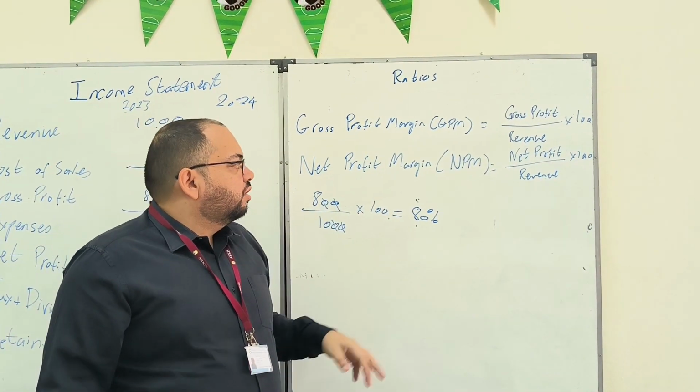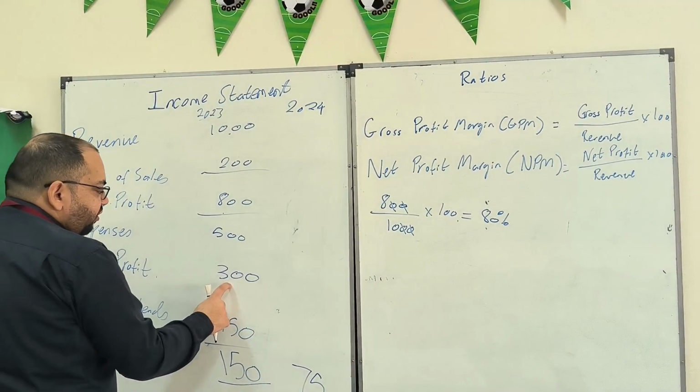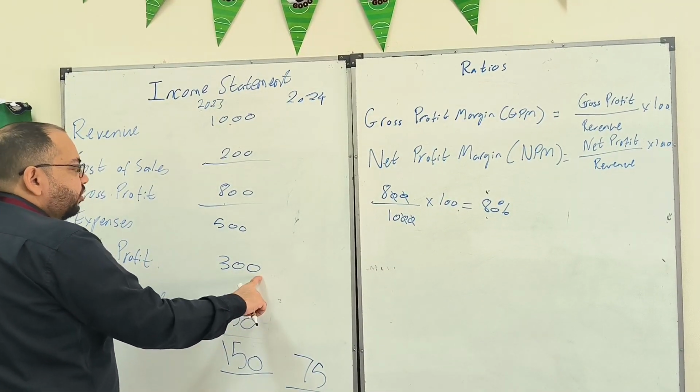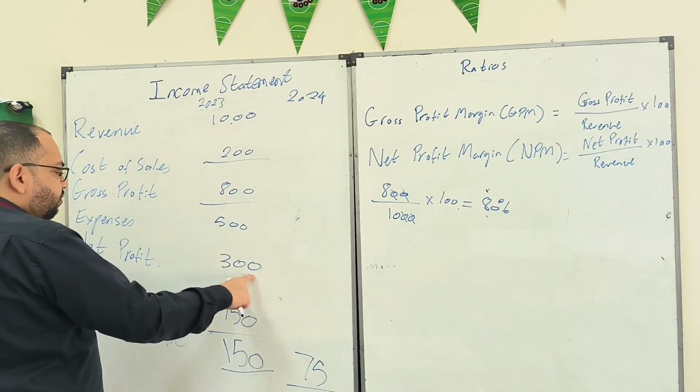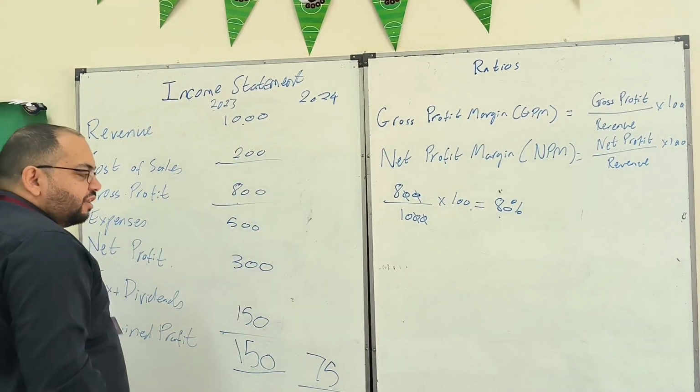Now we do the same thing, only this time it is for net profit. Our net profit here in this example is 300. So we take our 300 and we do the same thing as we did with GPM. We divide it by 1,000.